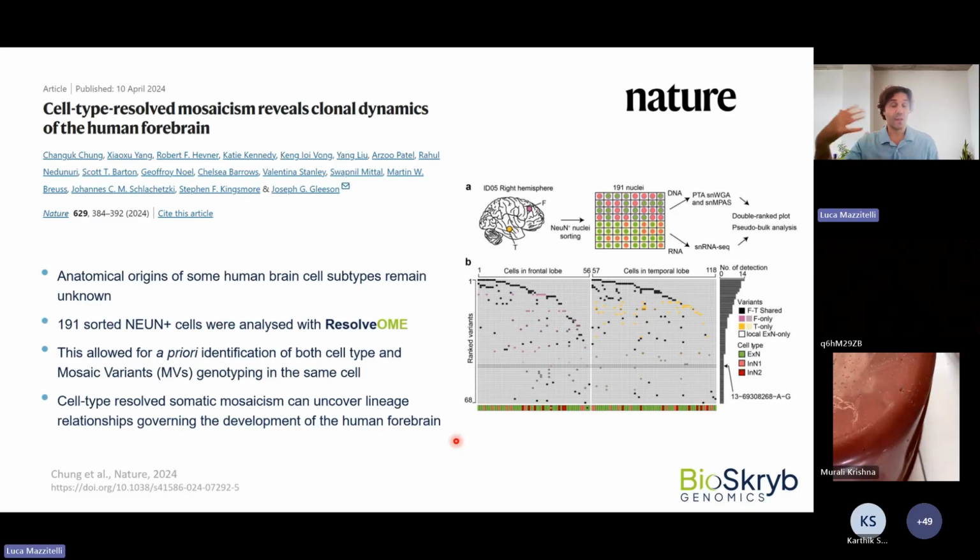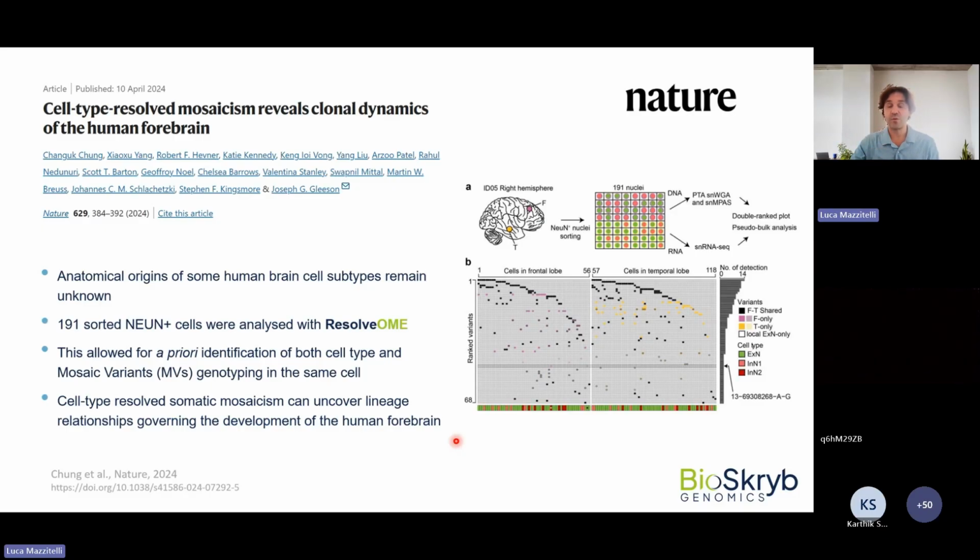Moving into the examples on how ResolveDNA has actually been used in the real world, here is an application of ResolveDNA on 190 nuclei from neurons obtained from temporal and frontal lobe.